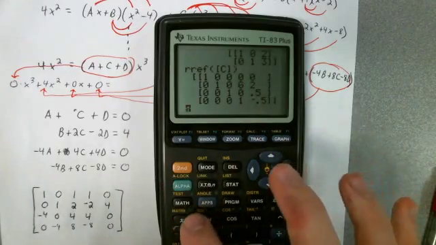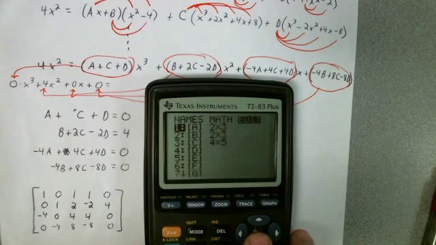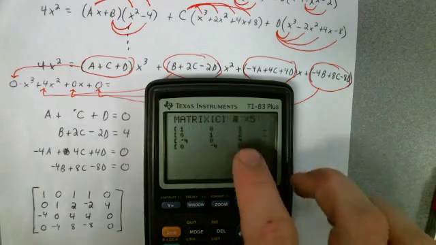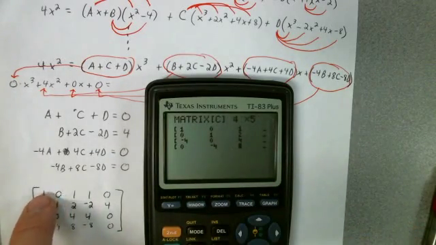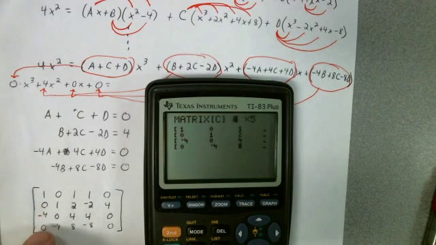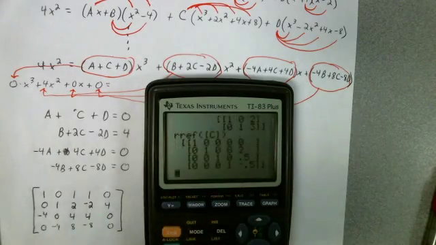So hit second, matrix. Go over to edit. And you're going to make a matrix. So I already did this matrix. I put it in as matrix C. And we want to make a 4 by 5 matrix. We got 4 rows, 1, 2, 3, 4, and 5 columns, 1, 2, 3, 4, 5. Enter in your matrix.